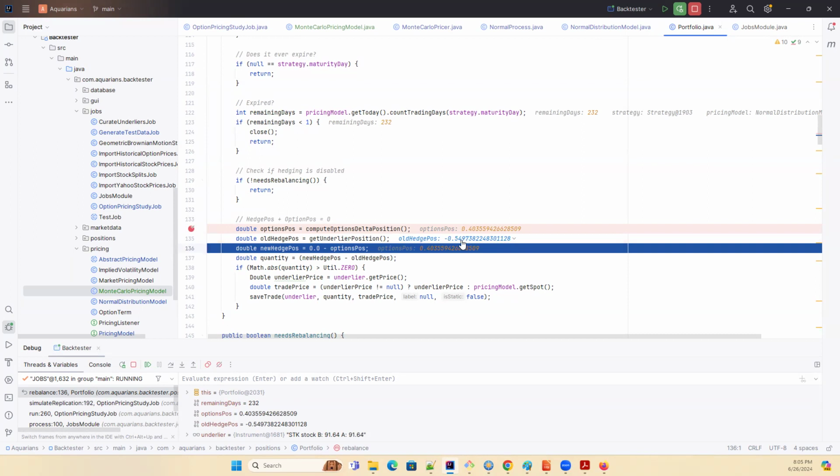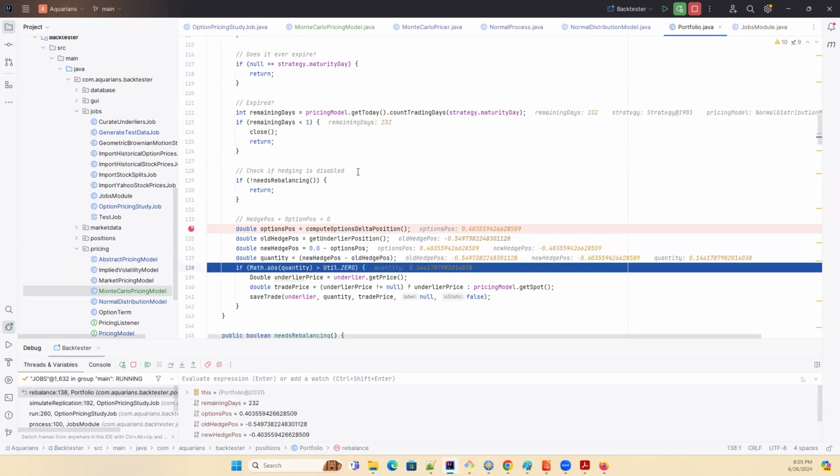So our new hedge position: we started with minus 0.54, and now we must have minus 0.4. So we need to get rid of some of the stock, which means we need to buy 0.14 stock times the multiplier.